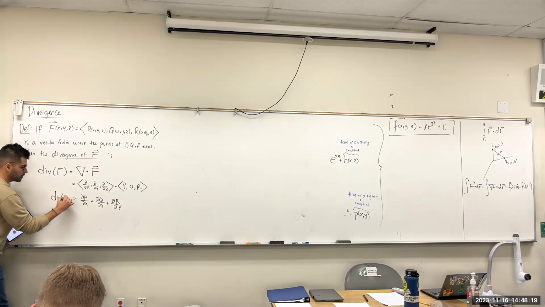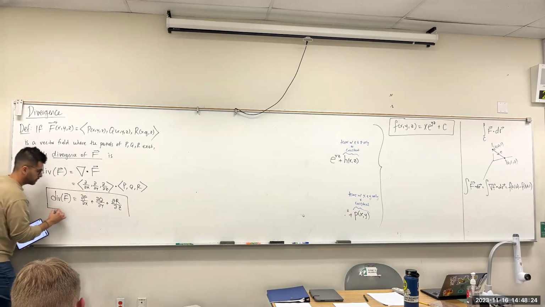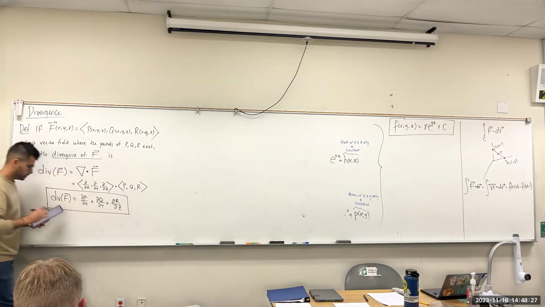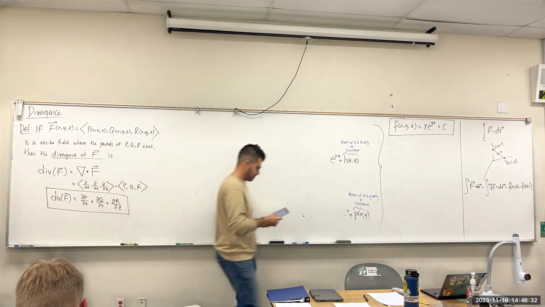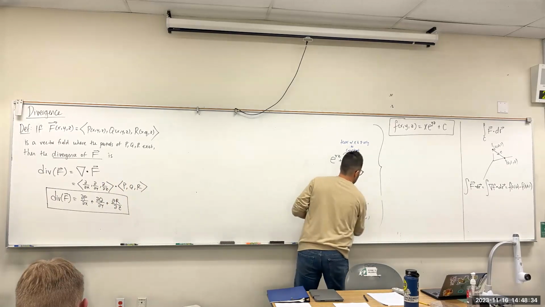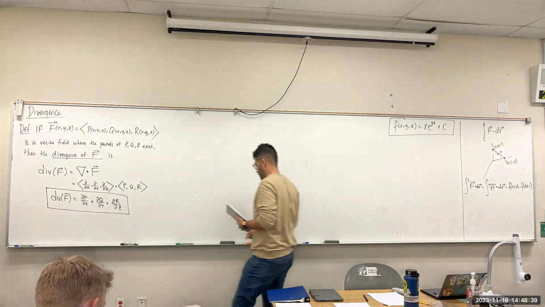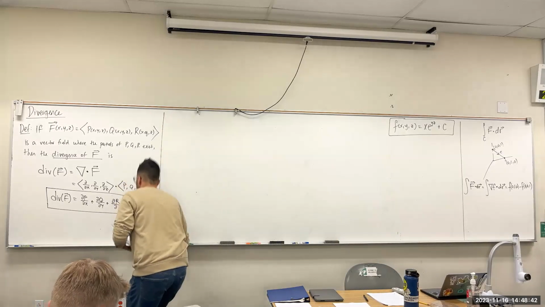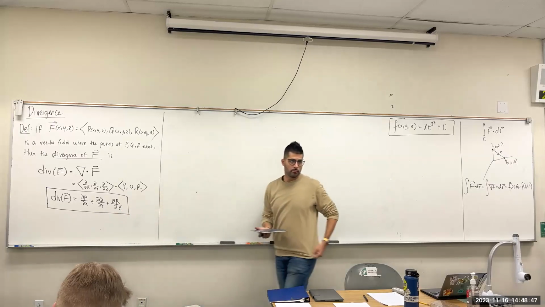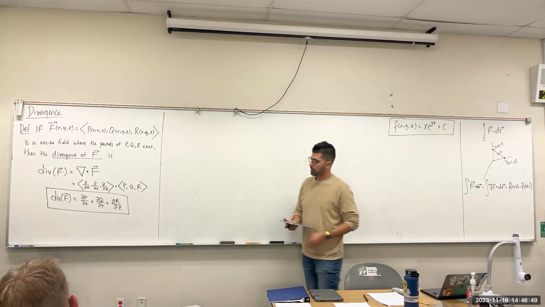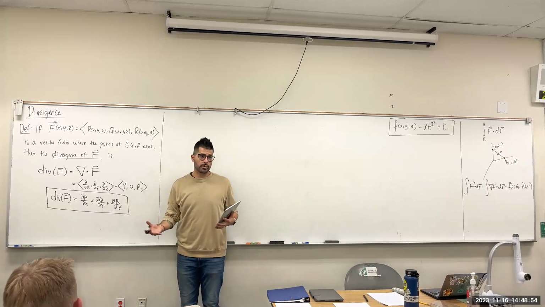That's what we're going to call the divergence. So it's different. Is it going to give you a vector field like the curl did? There's no vector, right? It's going to be a scalar in this case.